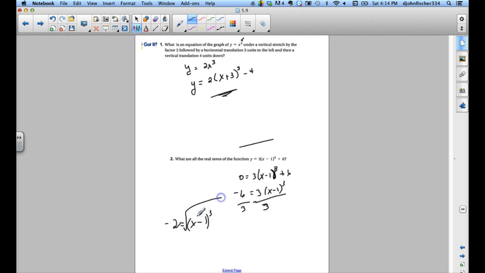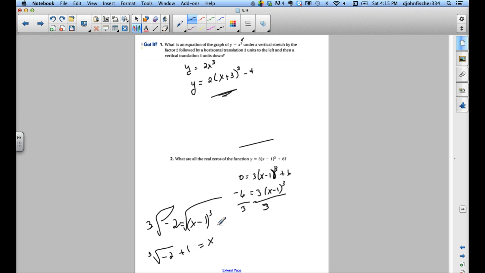Take the cube root of both sides. And now we're going to have the cube root of negative 2, and then we're going to have to add the 1, so plus 1 equals x.